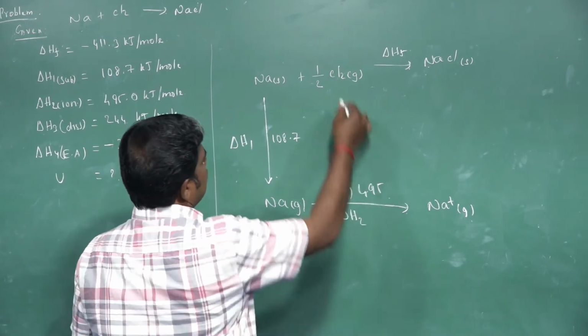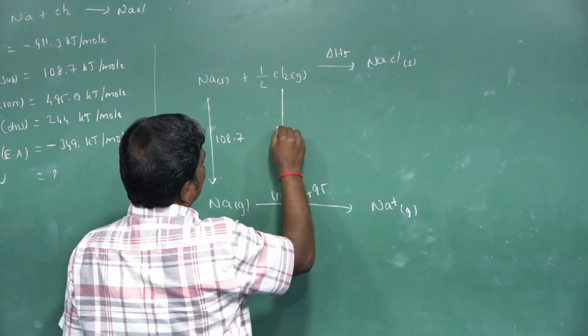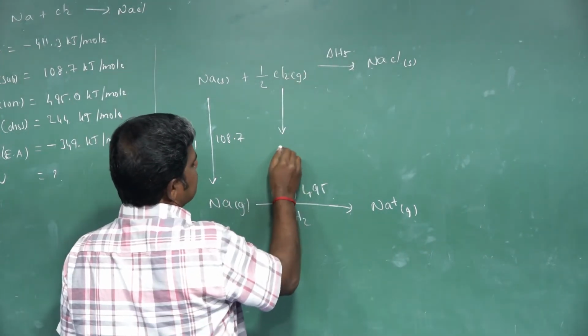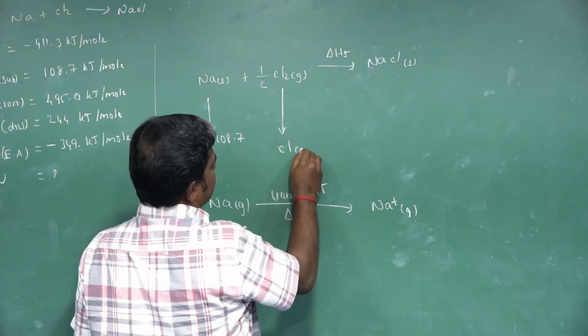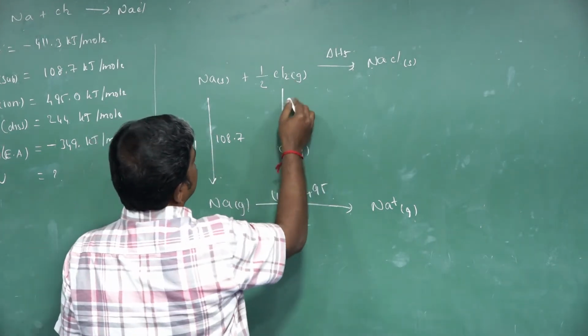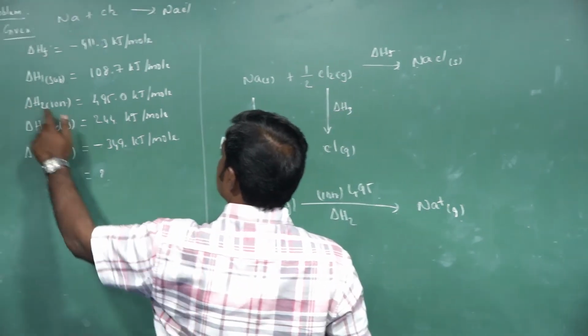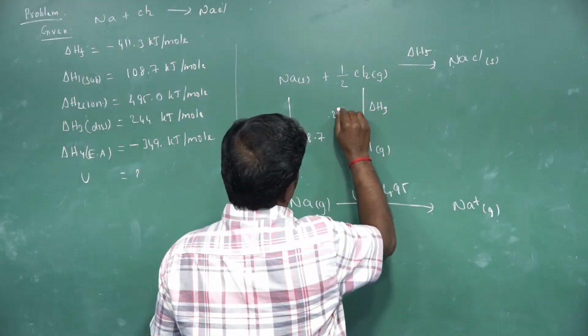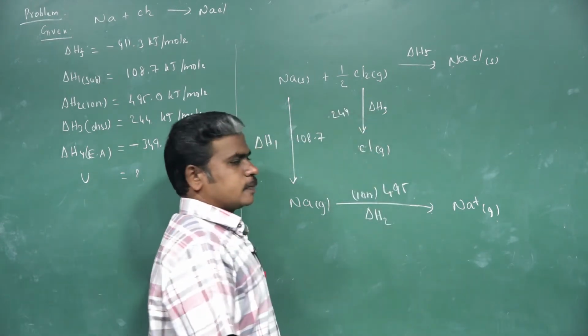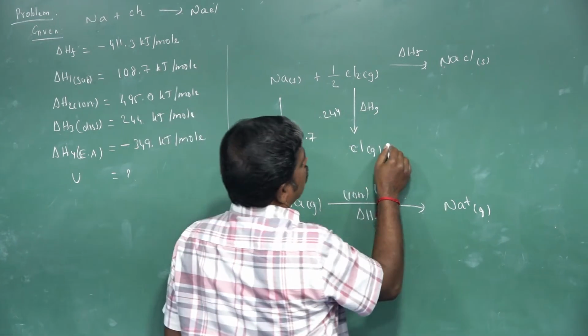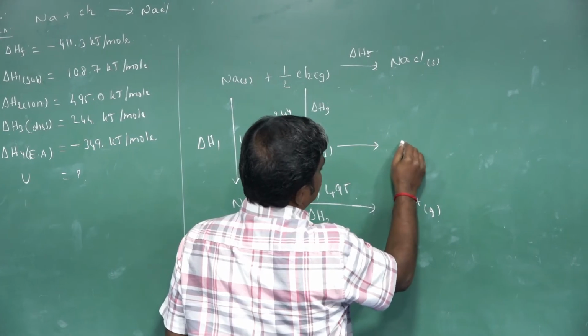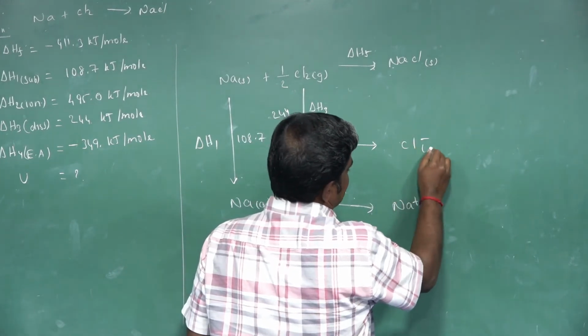And the next one, the dissociation, that is the chlorine molecule becoming Cl atoms in the gaseous state. The dissociation is nothing but delta H3. The dissociation value is 244 kilojoules. Now this chlorine gas is converted into Cl minus gas.